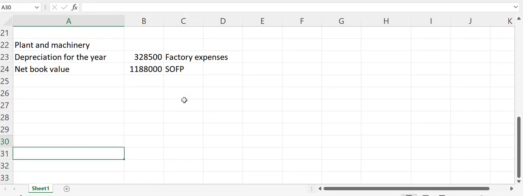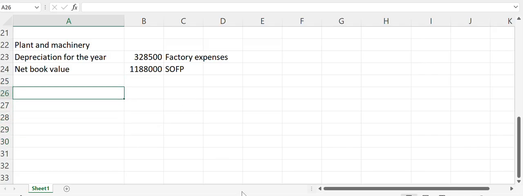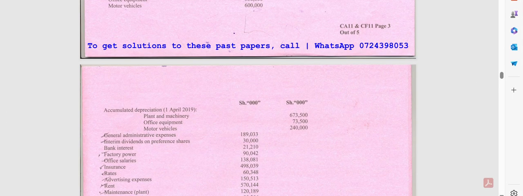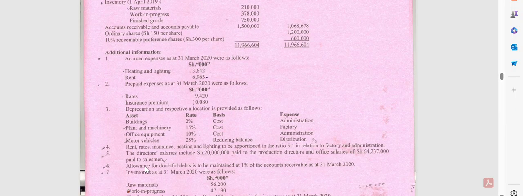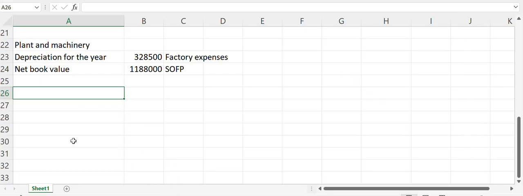So we proceed, my friends, with the depreciation. So the next one in the addition information is what? Is office equipment.